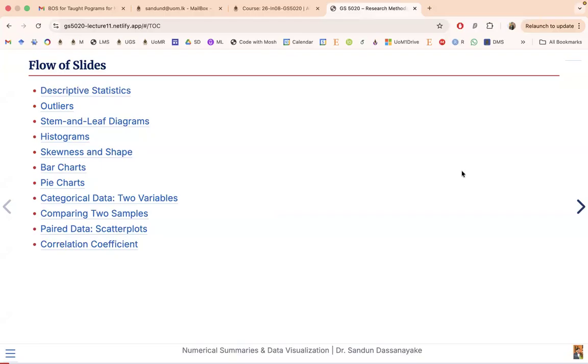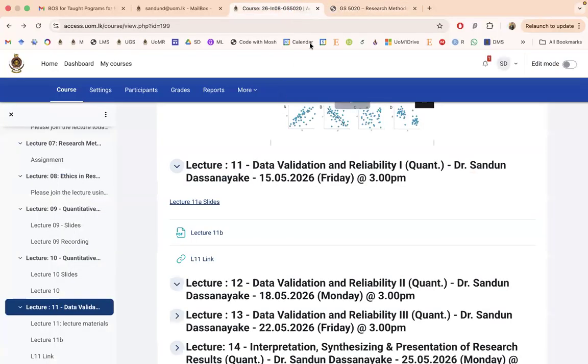Okay. So now let's go ahead with our next one, because the next one links this descriptive idea to our distributions. This one is a bit tricky because it talks about probability. So I go ahead and click on lecture 11B. This is the probability part of it.